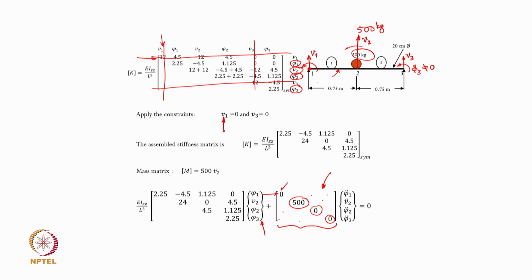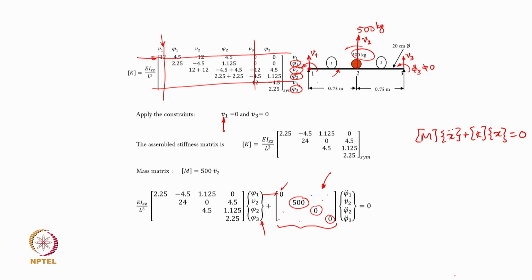Now, as we have been formulating this as a governing equation of motion, this basically is m x double dot plus k x equal to 0 or equal to f of t. Now, this is your governing equation of motion representing the system which we started dealing with.